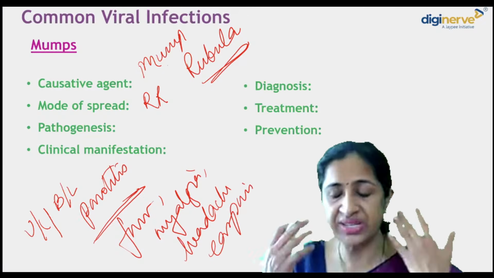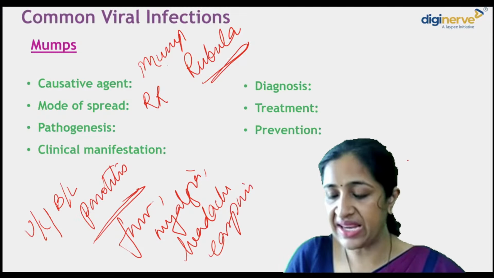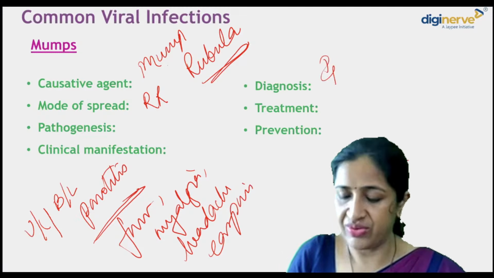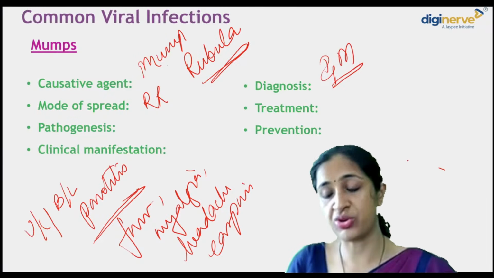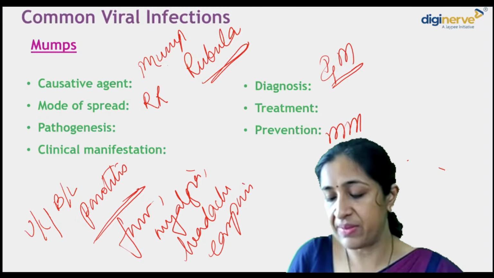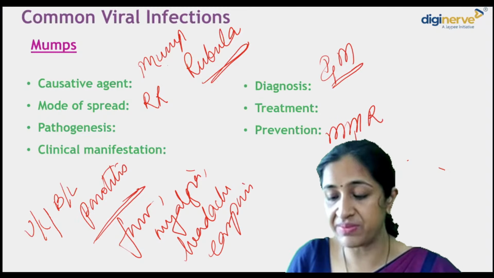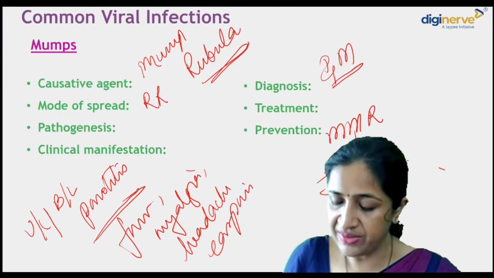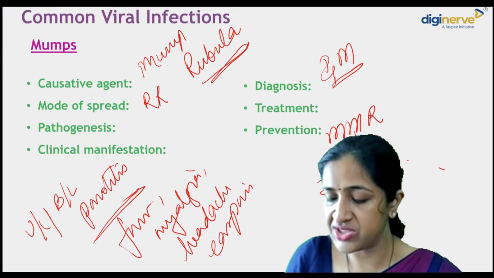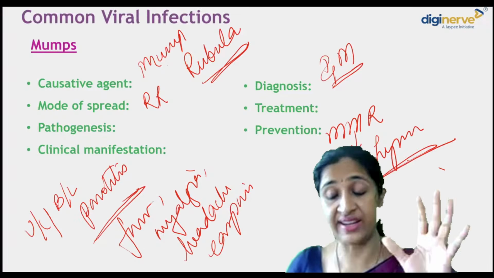Difficulty to chew, difficulty to eat because of the pain. Diagnosis is clinical. If you want to confirm, yes, you can do IgM mumps. Treatment supportive, prevention is through the MMR vaccine, where for mumps the ideal strain is the Jeryl Lynn strain. This is the ideal strain.